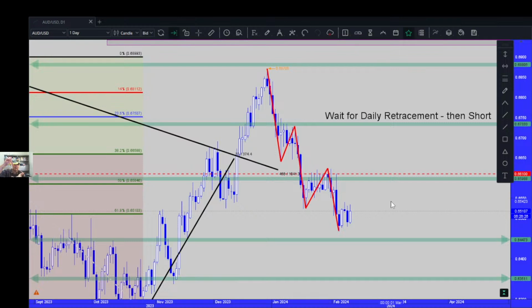The law of gravity, it's a fact. It doesn't really matter how many times I let my pen fall down. That's a fact. So when you have an edge, this is factual. An edge is a statistically proven fact that your strategy makes more money than it loses.